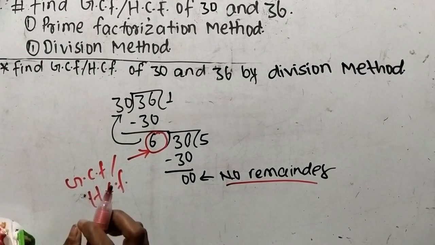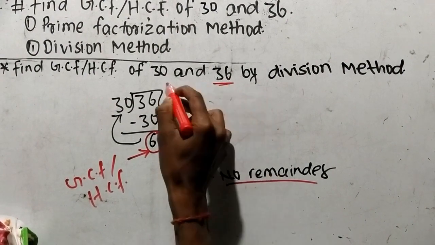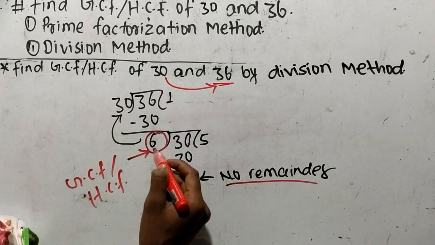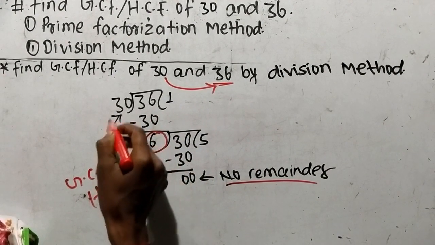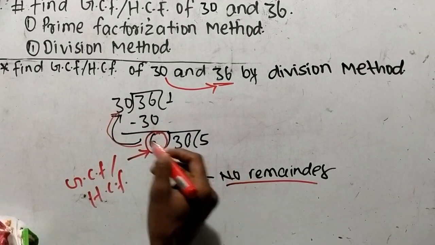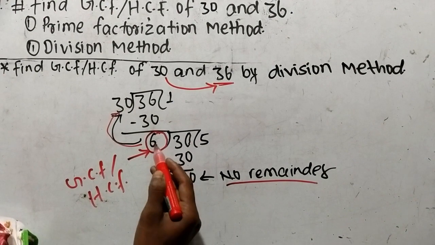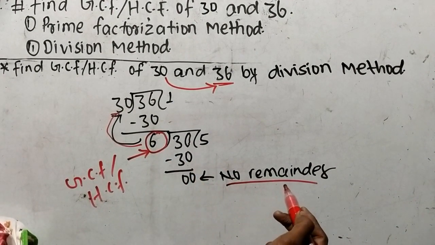So while finding out the GCF or HCF by division method, first of all we have to divide the greater number with the lesser number, and while dividing, if the remainder comes, then we have to divide again the divisor, which is 30, with the remainder 6. So 6 times 5 means 30, which is taking no remainder at last.